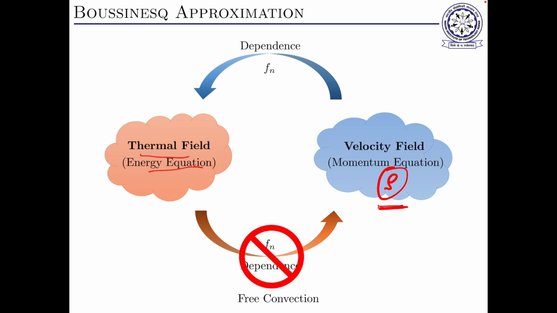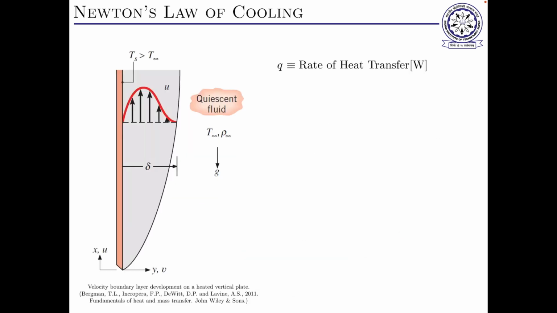Because density is a function of temperature, we take the density as a function of temperature in the body force. This works very nicely; it only doesn't work when the temperature difference is too high, and in some other special cases, but usually for every practical application on earth, it works beautifully. It is known as the Boussinesq approximation.